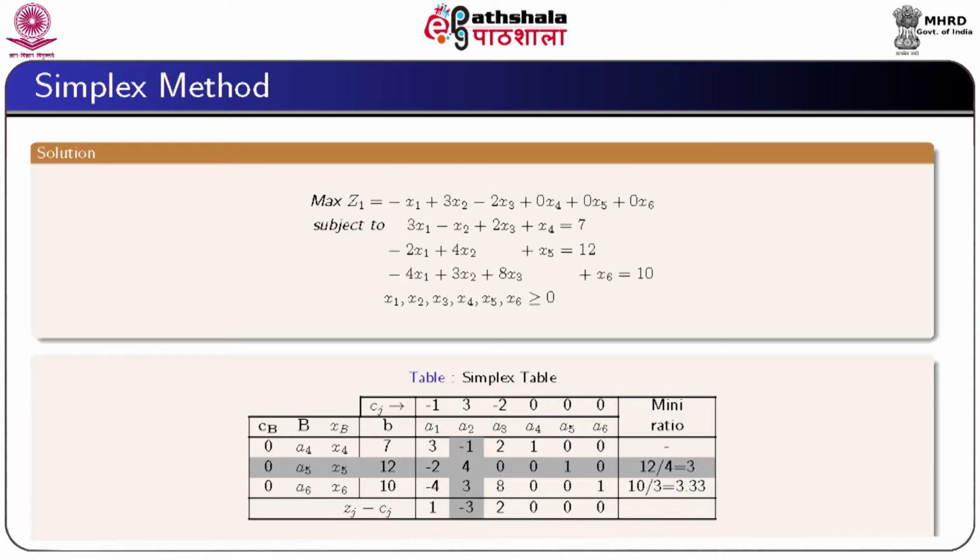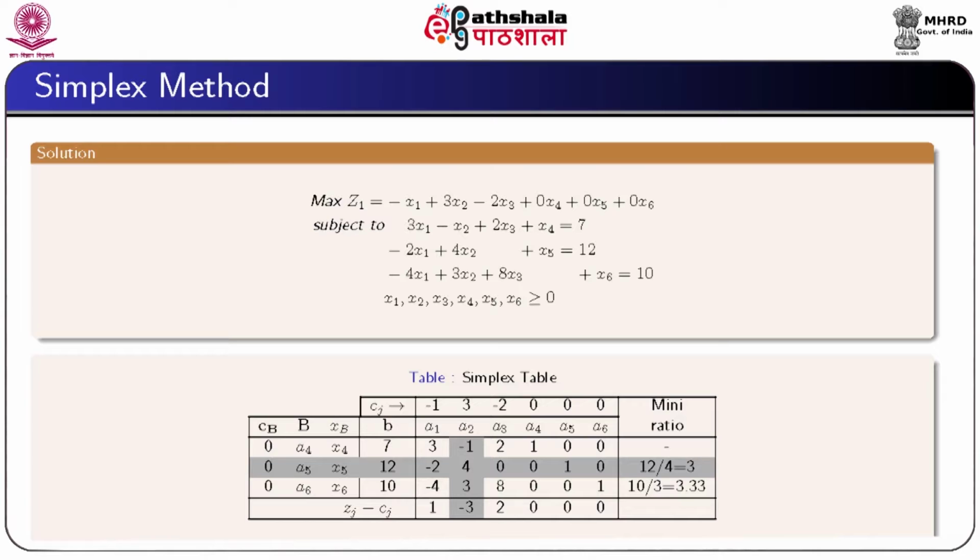maximize z1 equal to minimize minus z equal to minus x1 plus 3x2 minus 2x3 plus 0 into x4 plus 0 into x5 plus 0 into x6, subject to 3 equations as shown in this slide, and the variables x1, x2, x3, x4, x5 and x6 all are non-negative.